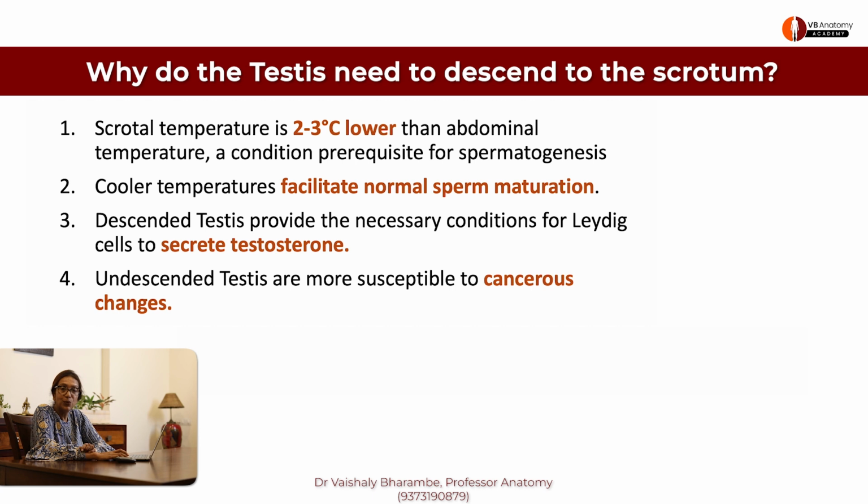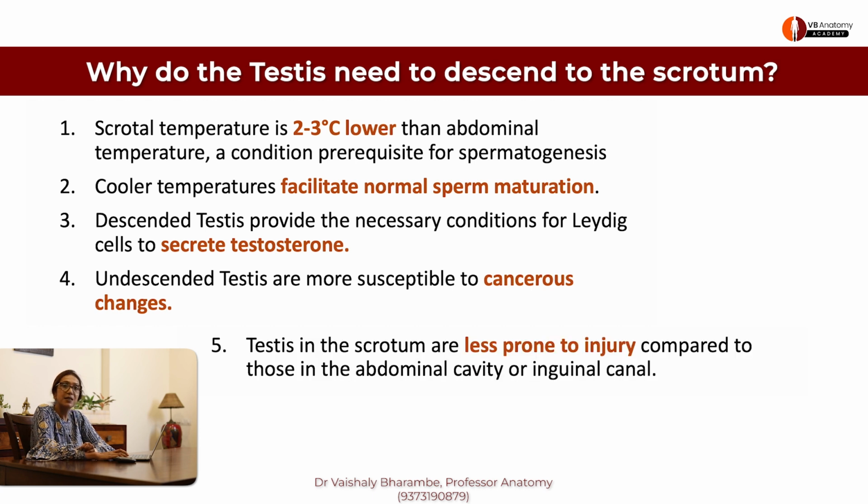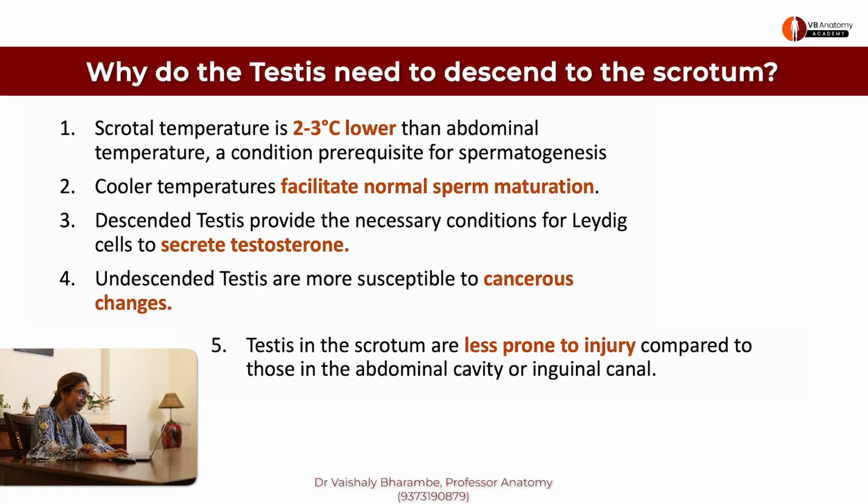Undescended testes are prone to cancer. It is said that testes lying in the scrotal cavity are less prone to injury. I have my own opinions on this, but so it is said. Right. So these are all the factors that are the requirement why the testes need to descend.